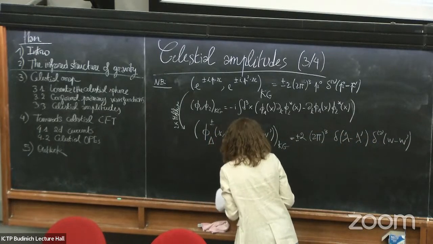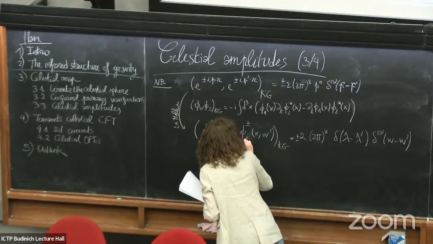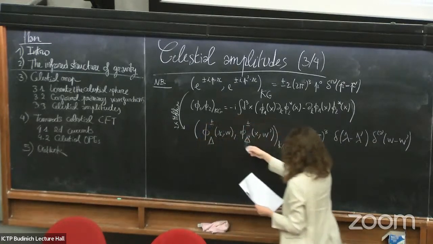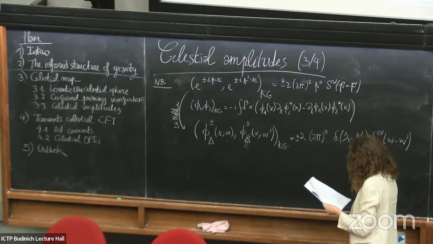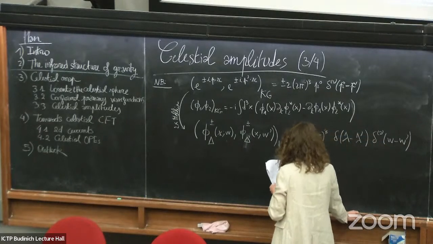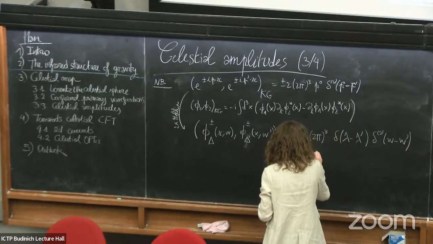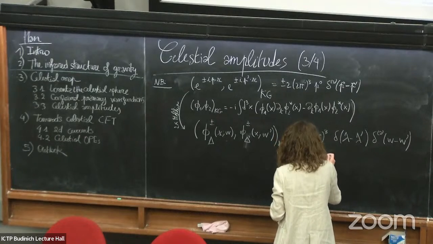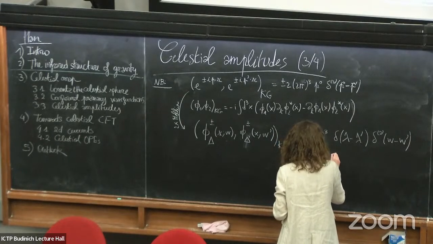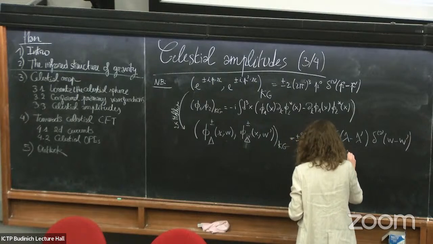So you can see here, this guy a priori can carry another conformal dimension delta prime. So it will constrain delta and delta prime to take this form.